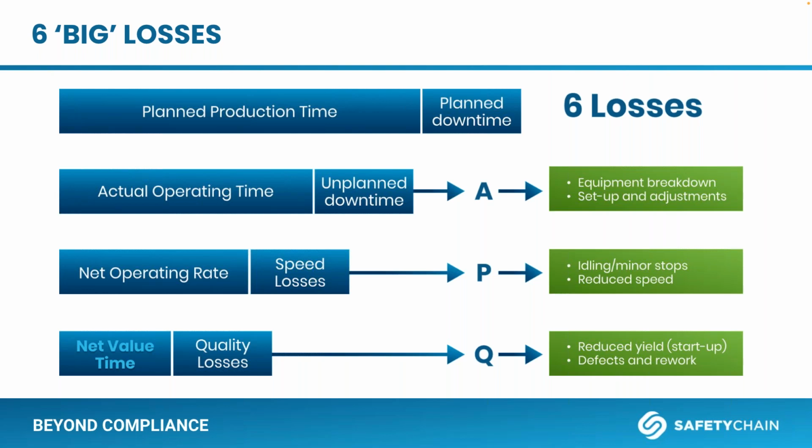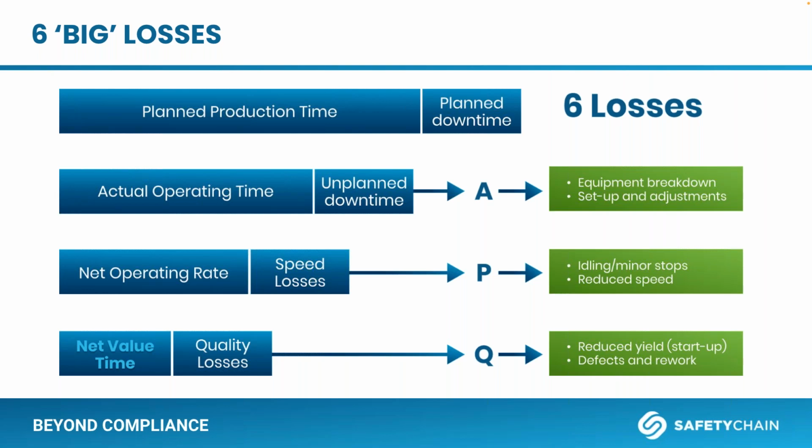Then we have quality losses, reduced yield at startup. Maybe I have X percent of reworks and adjustments just when I'm starting up a run on a piece of equipment before it reaches standard. That would be reduced yield at startup.